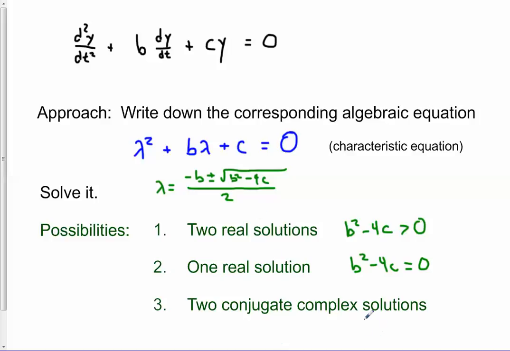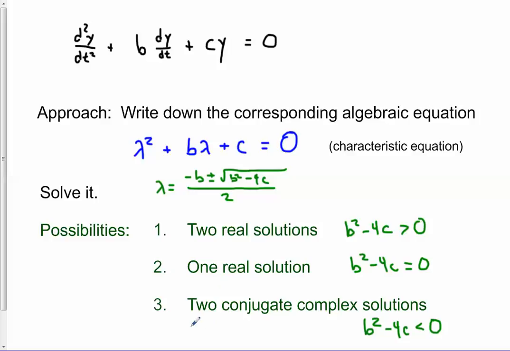And then finally, if b squared minus 4c is negative, then you're taking the square root of a negative number, which means i. You get an imaginary piece here. So you get negative b plus or minus an imaginary piece over 2. Now notice the plus and the minus apply only to the imaginary part, and that's what we call complex conjugate.